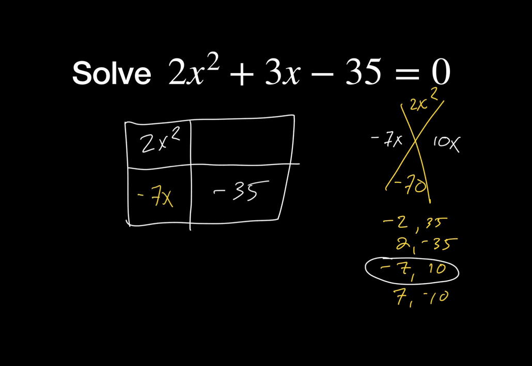Negative 7x and 10x. And then what I'm going to look at here is, this is a 2 and a 10, so I'm going to make this side the 2x. I'll make the top part the x.